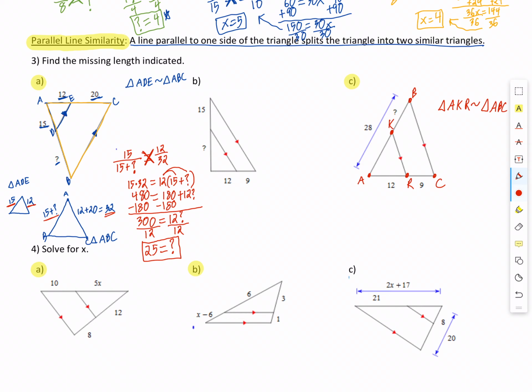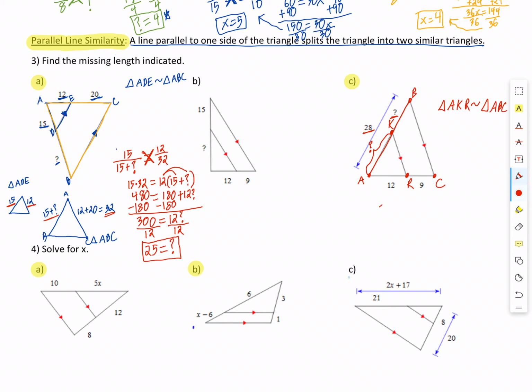Now this one's a little different because now we know what AB is, this long length. So we know AB is going to be proportional to AK. But how could we figure out what this length of AK is? Well, we know that AB is going to be 28, and this little segment there is the question mark. So if we take 28 minus our question mark, that'll give us the length of AK.